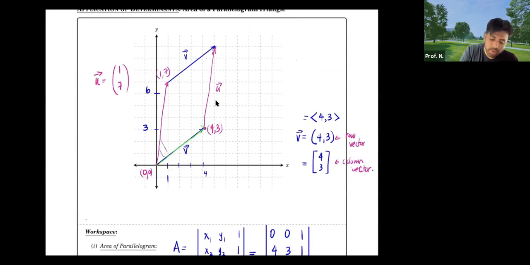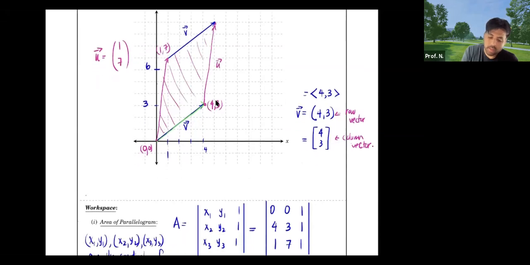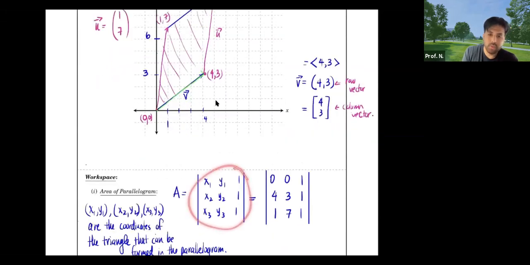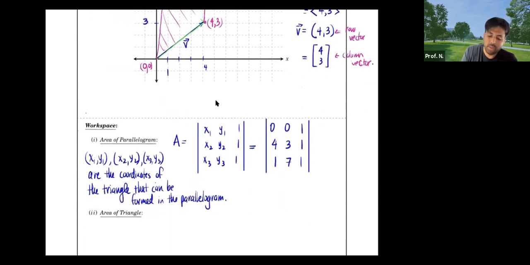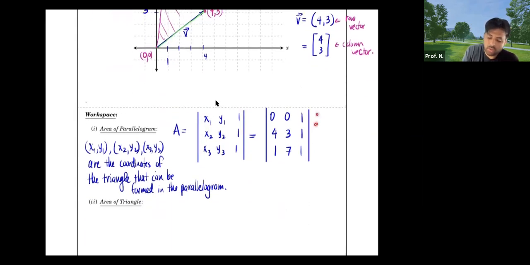So this area here can be found by taking the determinant in this form, where each of these coordinates are the coordinates of the triangle that's formed within the parallelogram. And so when we find this, how do we find the determinant? We can do the cofactor expansion.